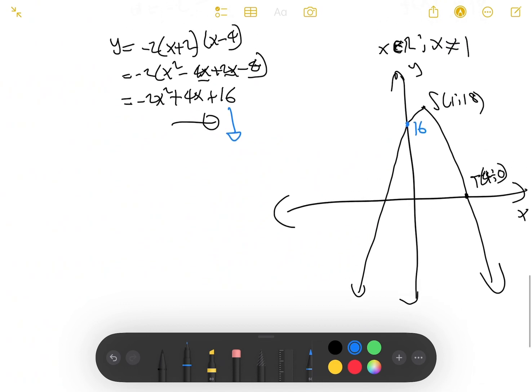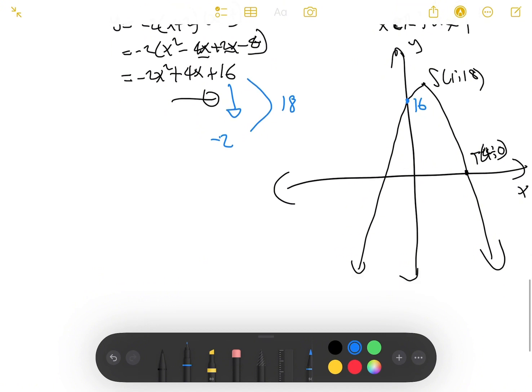For us to move from having 16 at the end all the way to -2, this graph has basically moved downwards by how many points? 18 points, right? It has moved downwards by 18 points. We can say 16 minus -2, which will give you 18, okay? So, anyways, let me write it. Okay, it has moved down by 18 points, right?